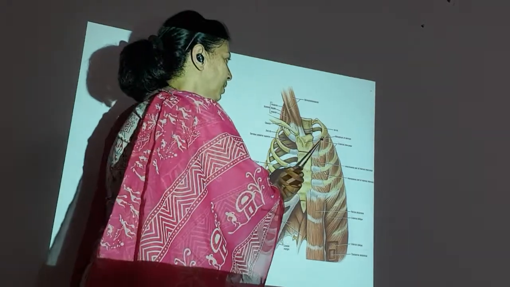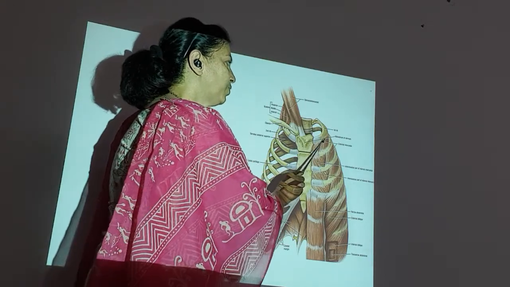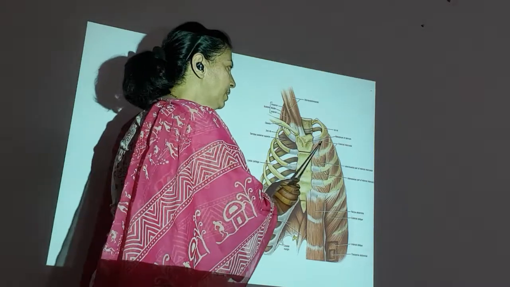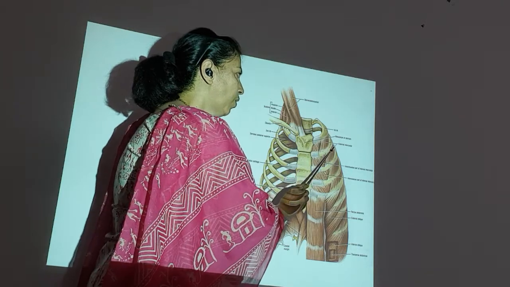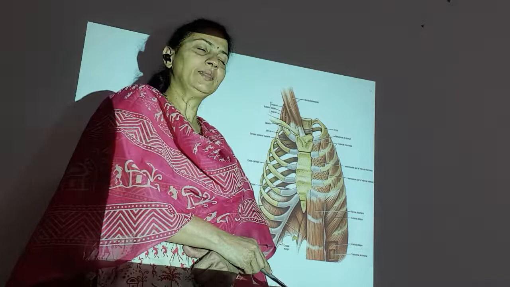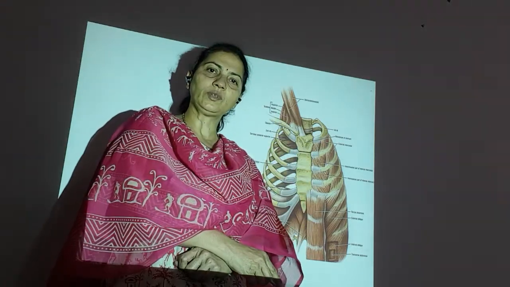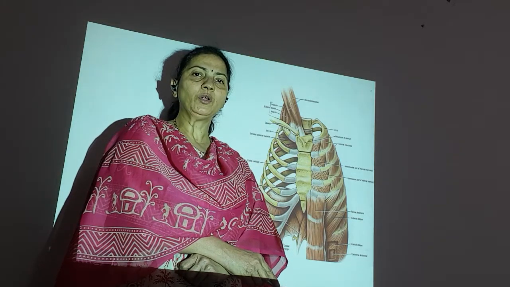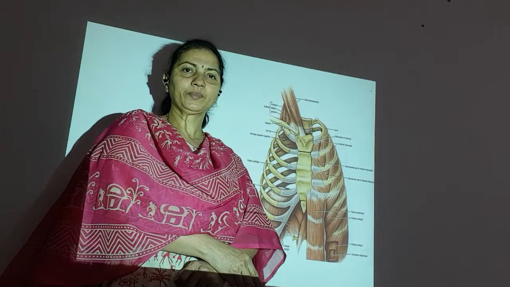And by that you can see, since these are the fibers of external intercostal muscle, it takes origin from the lower border of the rib above it. That means, since this is the first external intercostal muscle, it will take its origin from the lower border of the first rib.